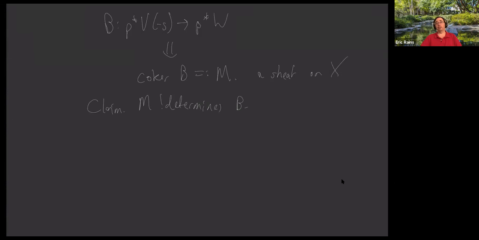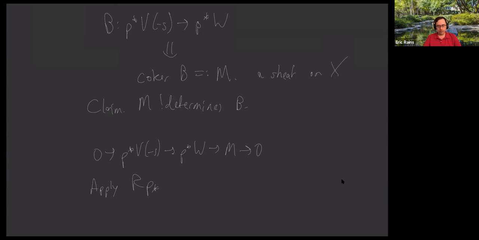Okay, why is this? Well, we have an exact sequence. A short exact sequence, no less. And if somebody hands you a short exact sequence, the first thing you should always do is apply a functor to it and look at the long exact sequence. So we're going to apply the direct image to that.